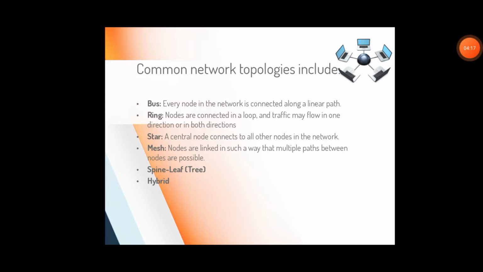Star. A central node connects to all other nodes in the network. This is a common and stable topology that's often used for local area networks or LANs. Mesh. Nodes are linked in such a way that multiple paths between nodes are possible.